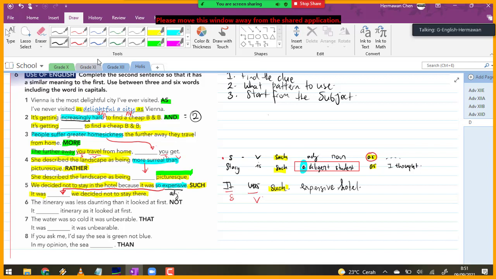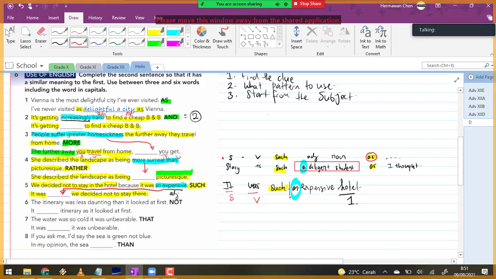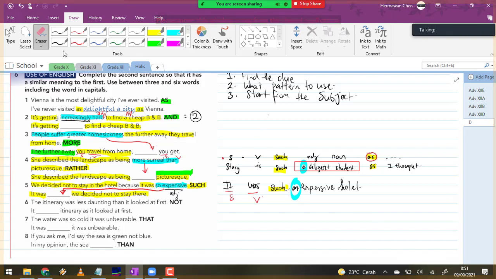Don't forget, the hotel is singular. It means you have to use an article, an, because expensive starts with a vowel. It was such an expensive hotel.